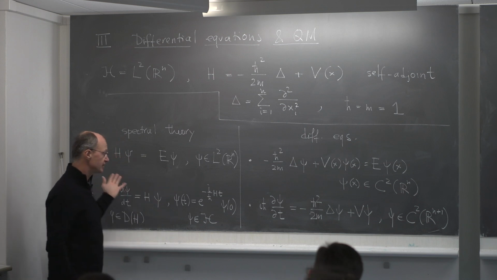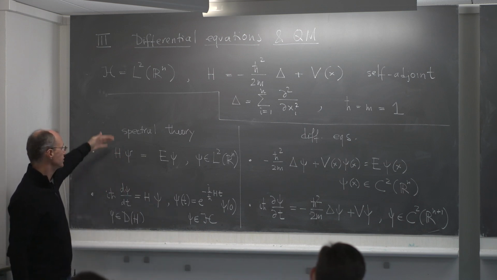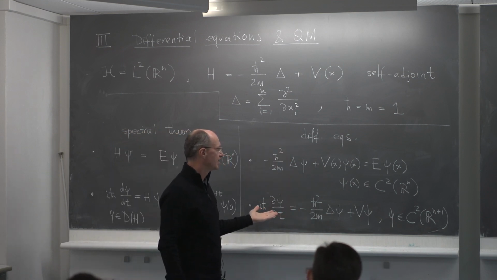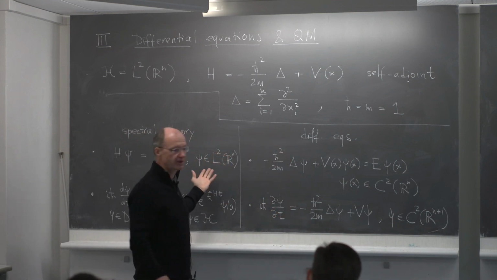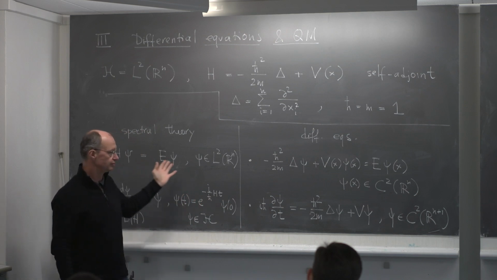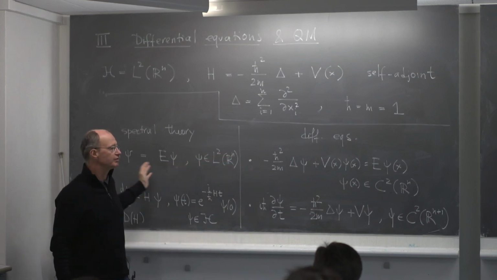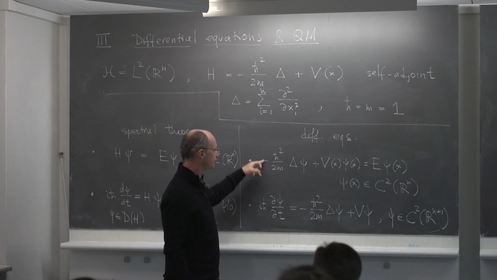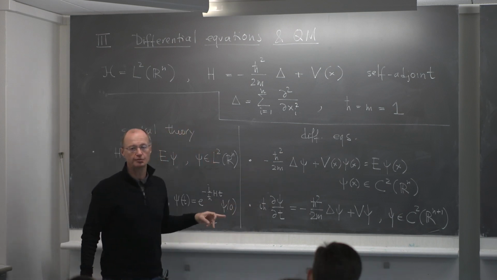So you see, basically, these are the same equations on the functional analysis side and on the differential equation side. However, the natural place where they live seems to be rather different. So we'll see what are the consequences of this fact. So these are the two main equations of quantum mechanics.